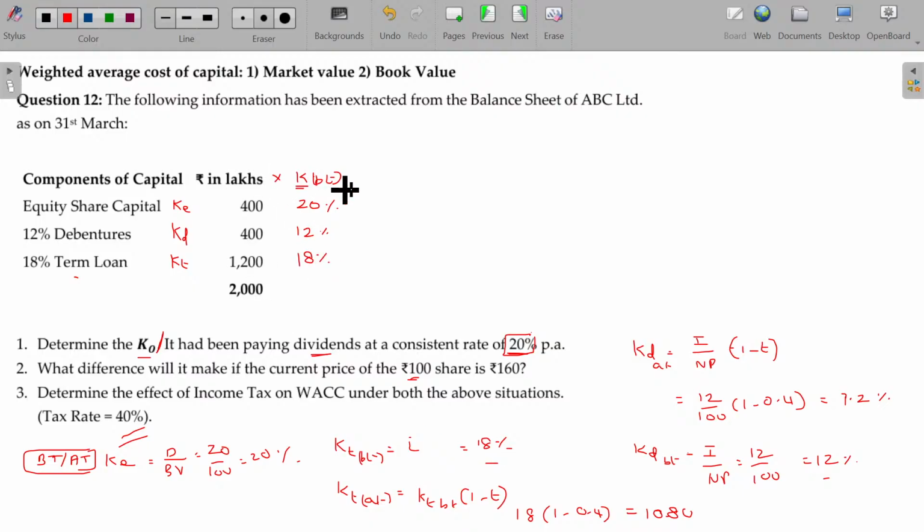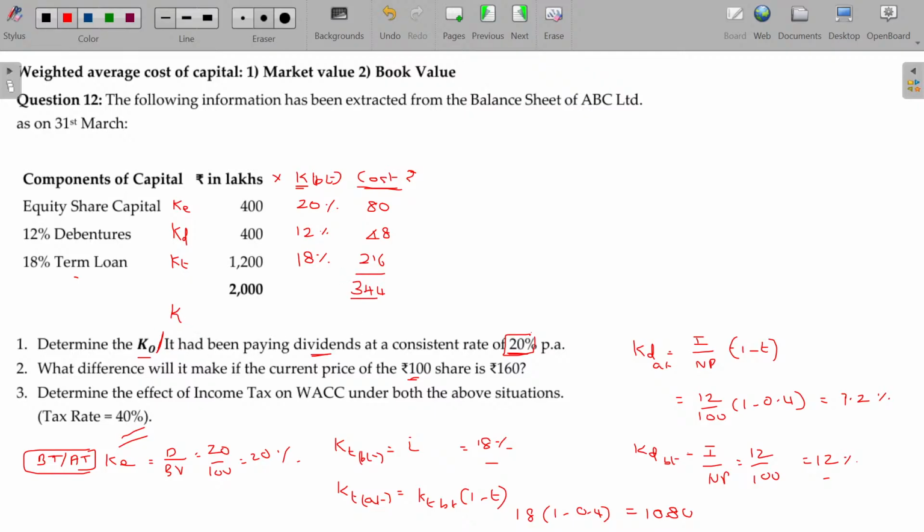What about the overall cost you are going to pay, in terms of rupees? For 400, 20% should be payable, which is 80. In case of debentures, 12% on 400, 48. 1200 into 18%, 216. Then the overall cost you are supposed to pay here being 344.